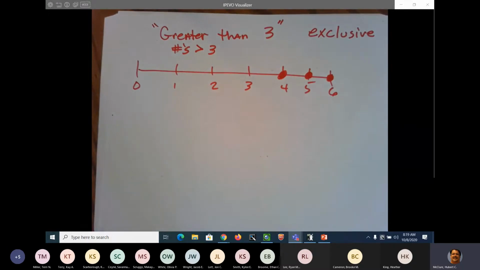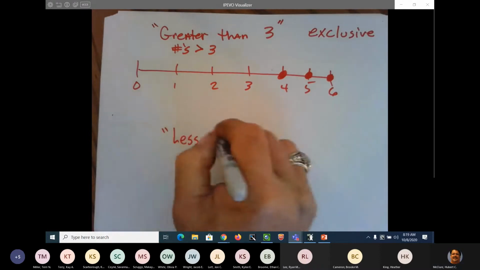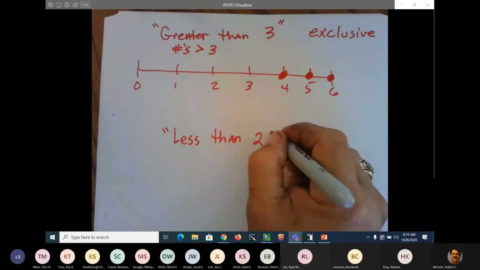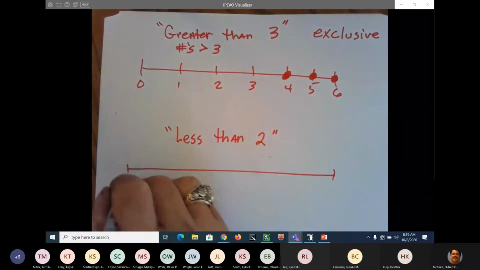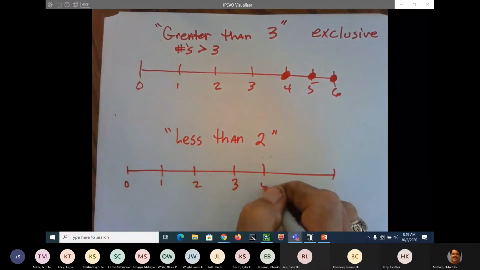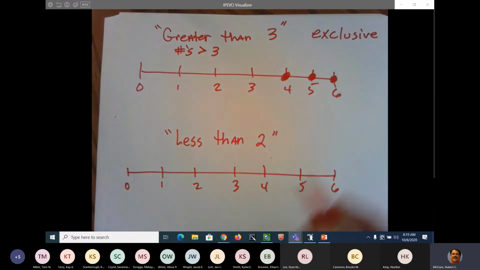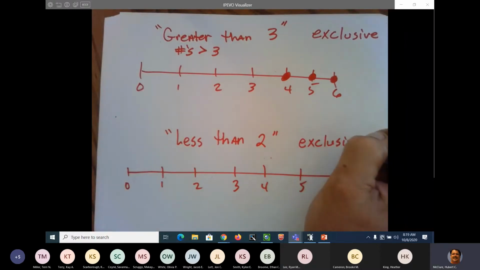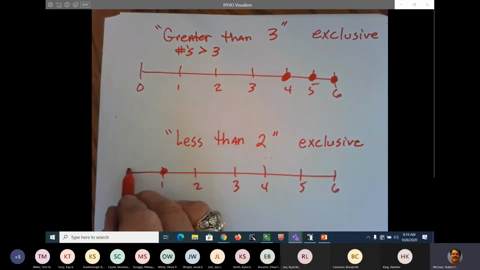And then, of course, the other one is less than 2. Again, this one's exclusive. And it would be 1 and 0.